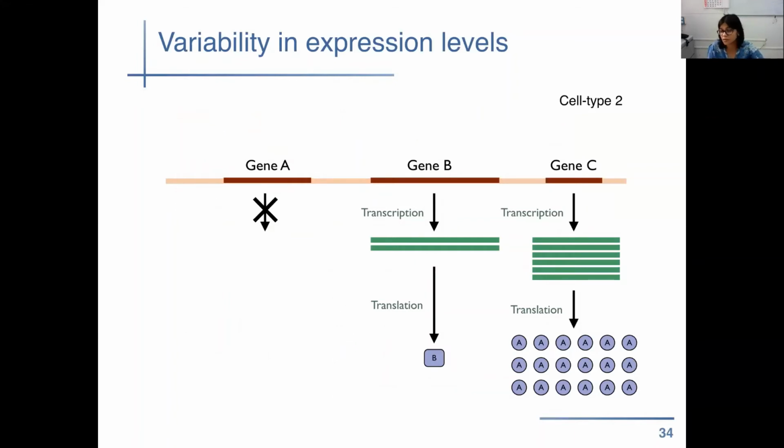And when things go wrong, you get diseases and disorders. A lot of this regulation happens at the transcriptional level, deciding whether the RNA transcript is to be created or not.